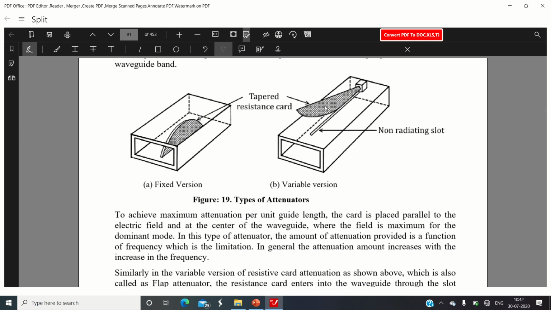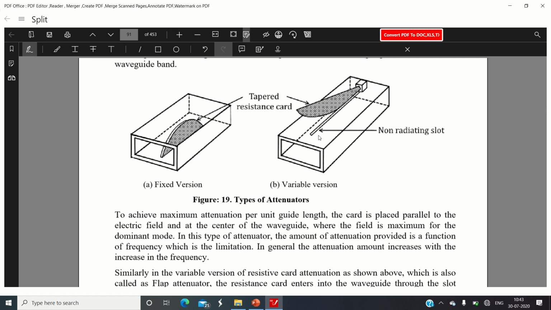There is a spring mechanism with which you can press this tapered resistance card into this non-radiating slot. So what will happen then? This card will get inserted into the direction of propagation of the signal. The more you press this particular card, the more it will block the path of the microwave signal propagation, and the larger amount of attenuation you are going to get when the signal comes out from the other end.